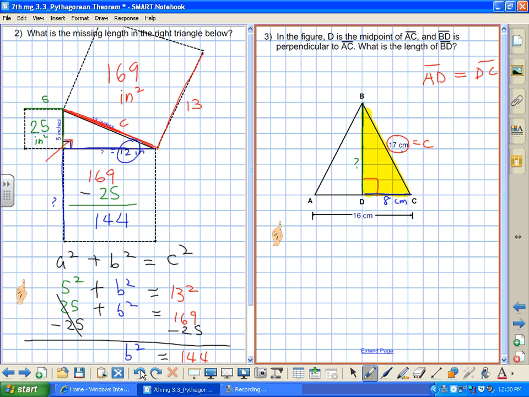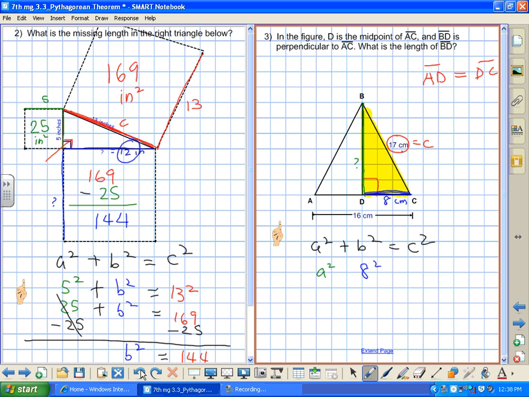So let's begin. A squared plus B squared equals C squared. What is my A? Why don't we just assign this unknown length as my A? That's what I'm looking for. What is my B? My B is this 8 centimeters here, so it'll be 8 squared. What is my C?